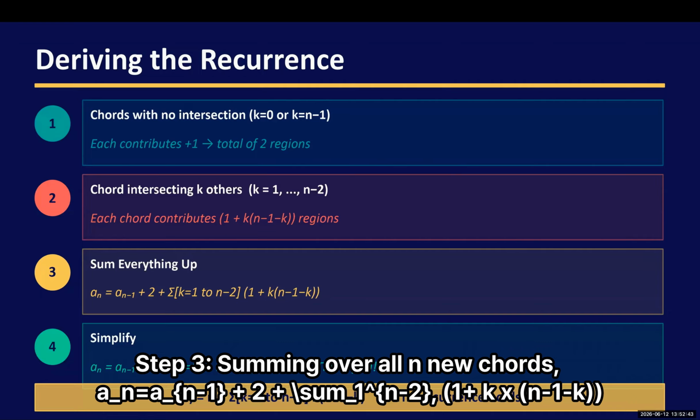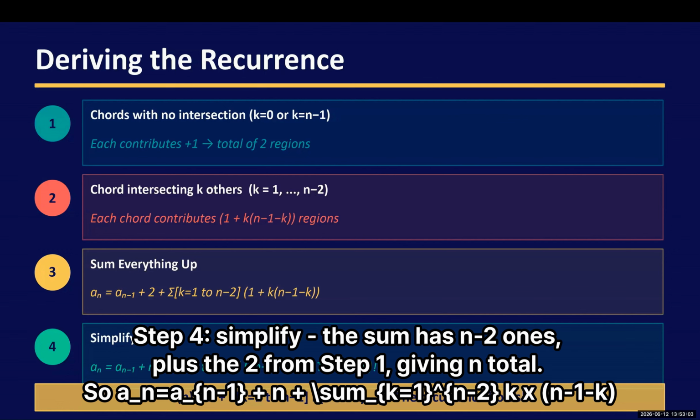Step 3. Summing over all n new chords, A sub n is equal to A sub n minus 1 plus 2 plus summation from k is equal to 1 to n minus 2, 1 plus k times n minus 1 minus k.